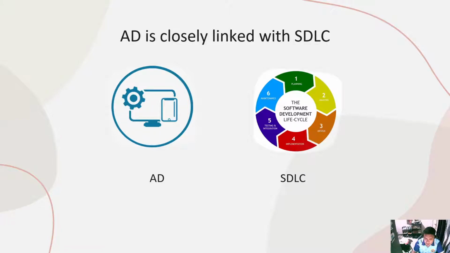This is how software is developed. Like a human life cycle, which is how life begins and how it ends, here also is how the software begins and how it ends. So we closely talk about SDLC.